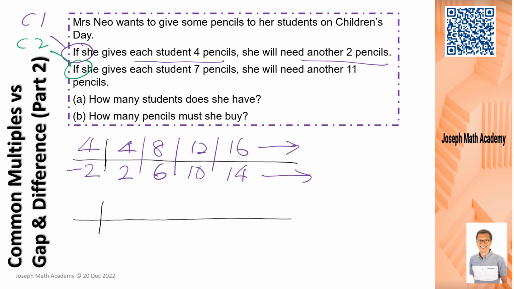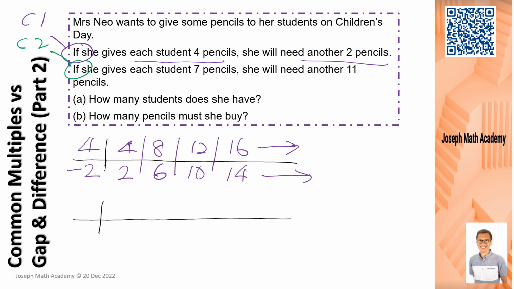Or rather, 4 minus 2 is 2. Alright, so if she needs 16 pencils, she's giving to 4 students. So 4 students will receive 16 pencils, but in actual fact, she only has 14 on hand. Because 16 minus 2 is 14, and it is because of this reason she needs another 2 pencils.